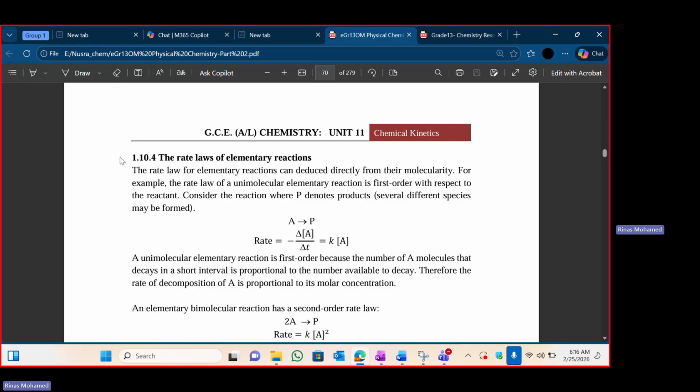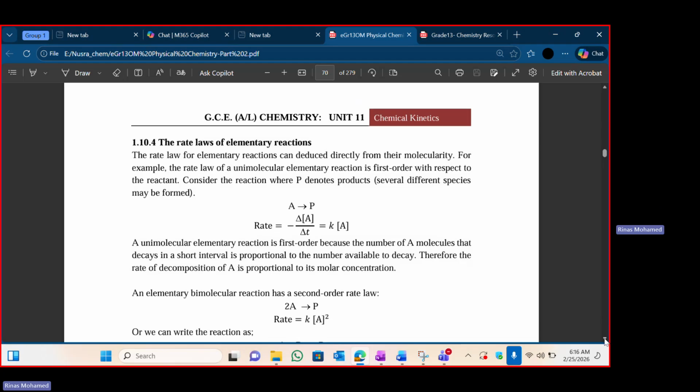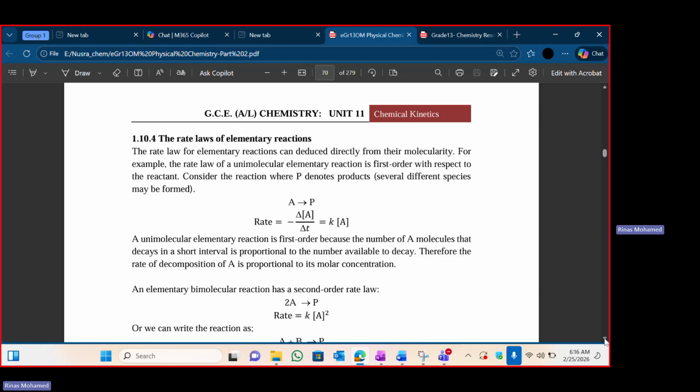Earlier we studied what an elementary reaction is, molecularity of reactions, and reaction mechanisms related to how ozone gas is converted into oxygen by CFC (chlorofluorocarbon), which gives chlorine free radical that reacts with the ozone gas to convert it into oxygen gas.